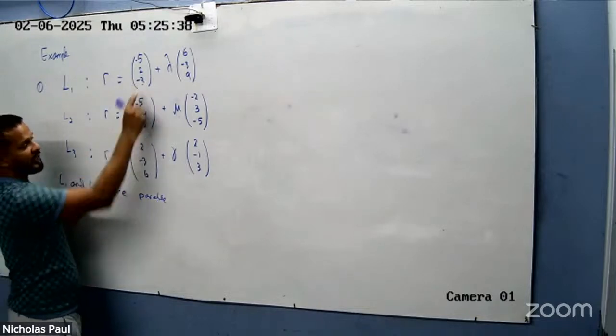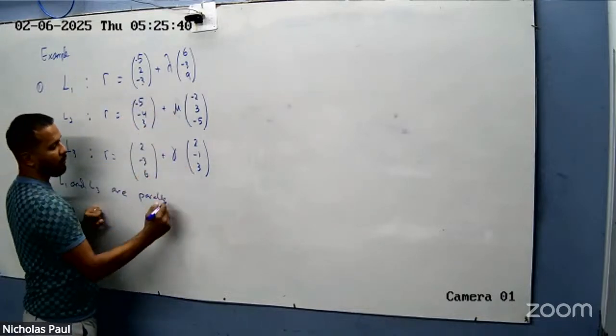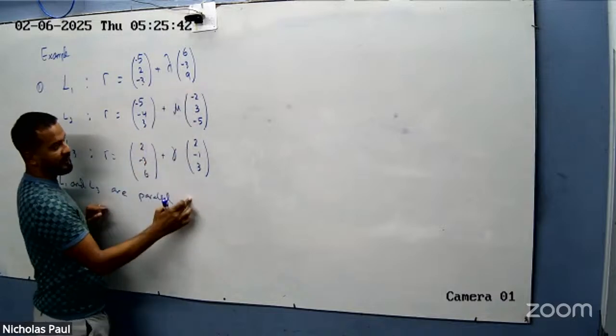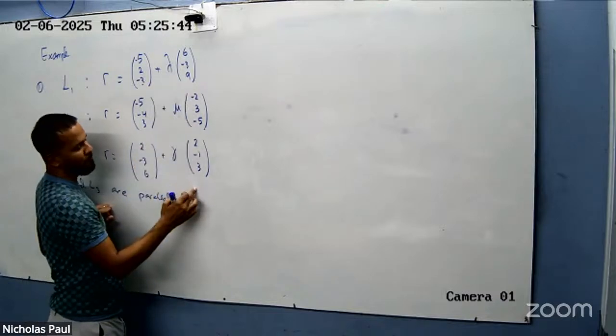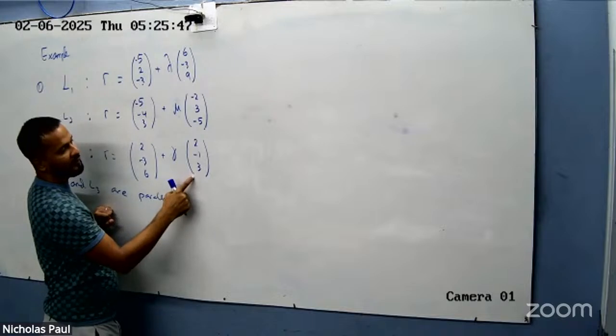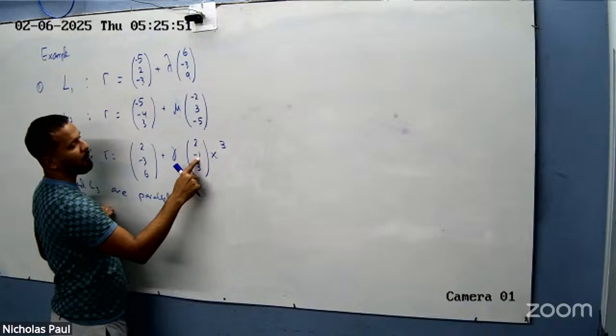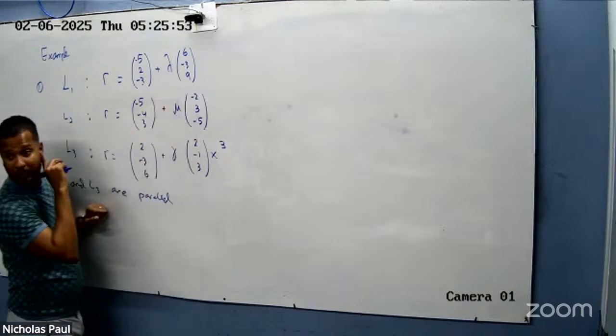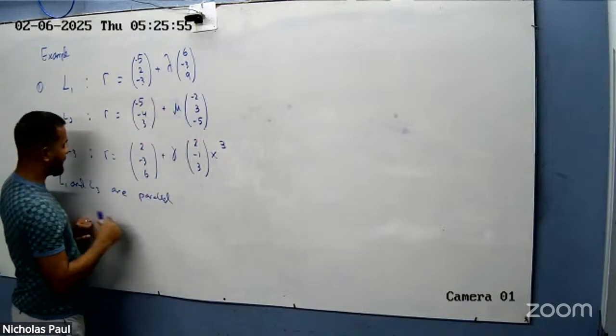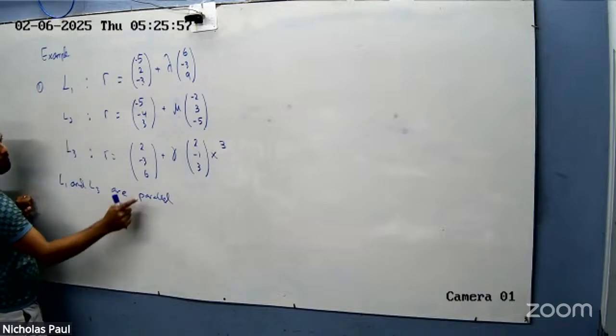You're not watching here, you're watching here and here. If I multiply this by 3, I'll get 6, minus 3, 9. That's okay? So L1 and L3 are parallel.